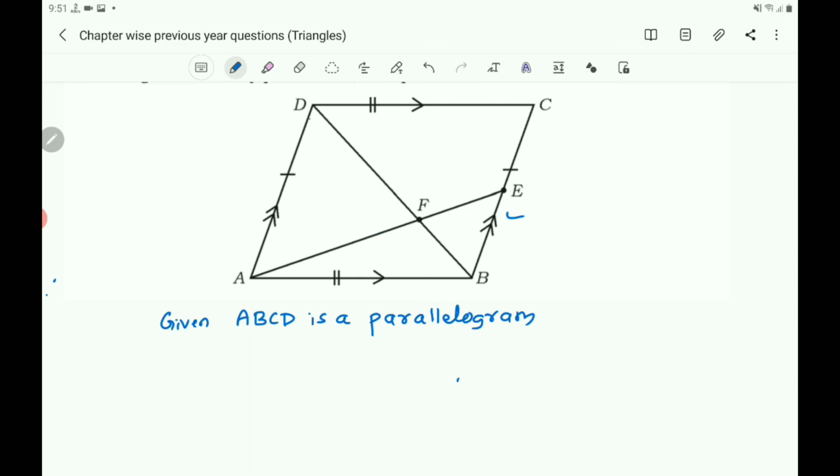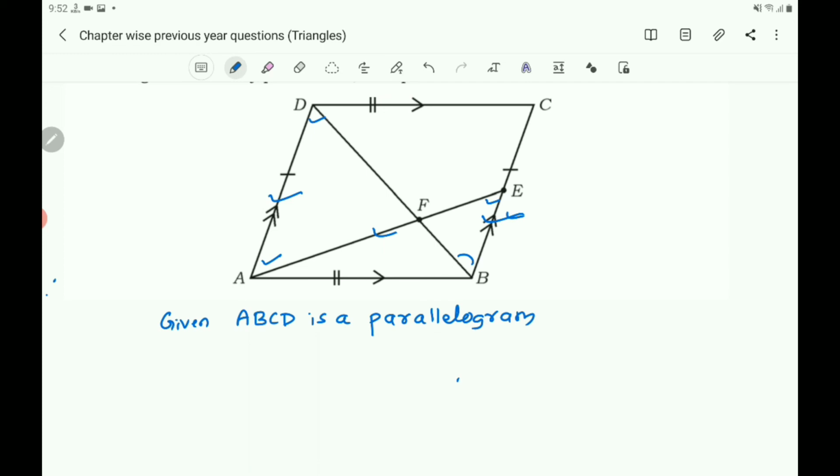Similarly, angle DAF is equal to angle FEB, as they are alternate angles.